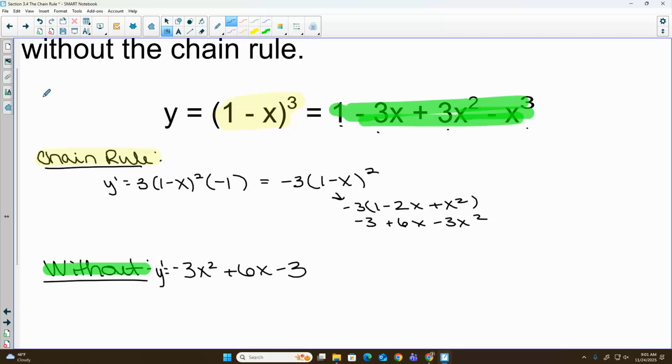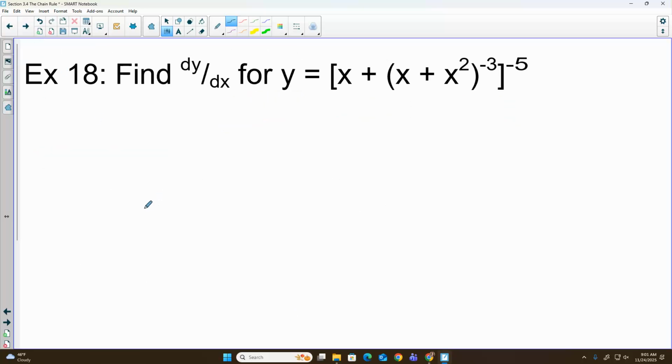All right, last one for today. This one is ugly. Is there any way to avoid my chain rule? No. Okay. We start on the outside. So that's the negative 5th power.